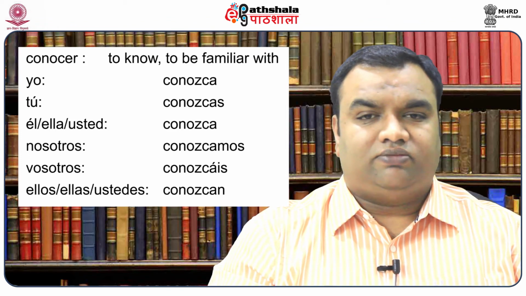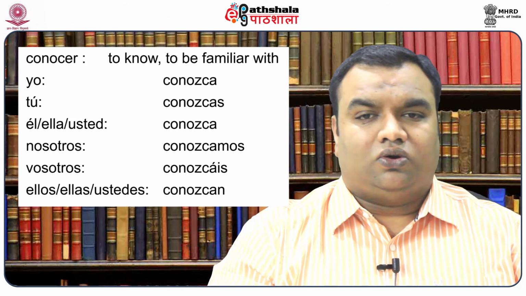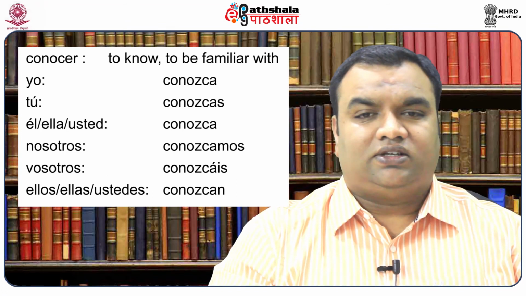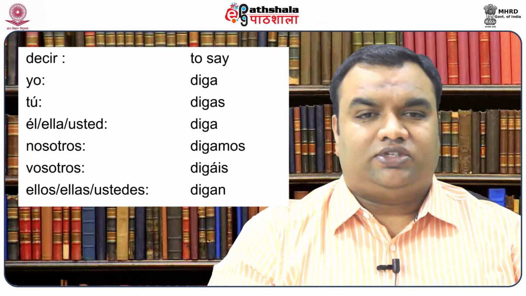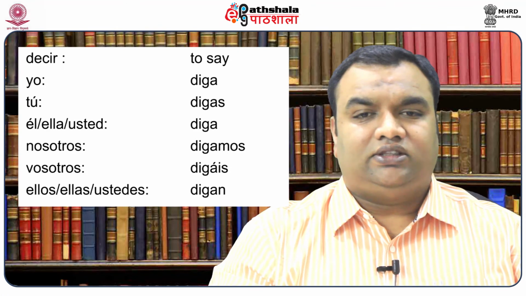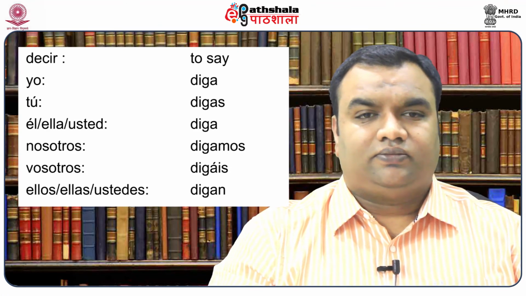The conjugations in present subjunctive are conozca, conozcas, conozca, conozcamos, conozcáis, conozcan. Decir, which means to say, is conjugated in present subjunctive like diga, digas, diga, digamos, digáis, digan.